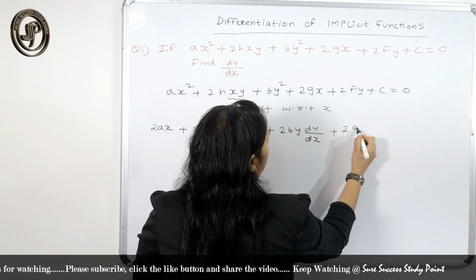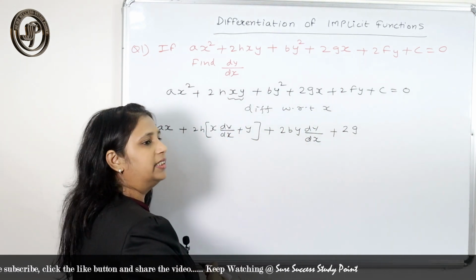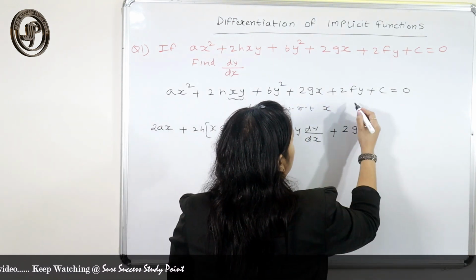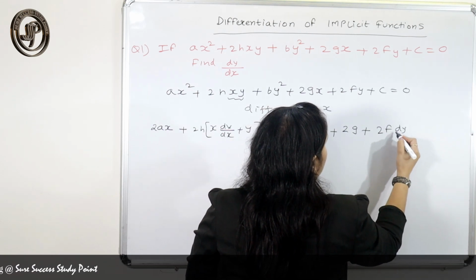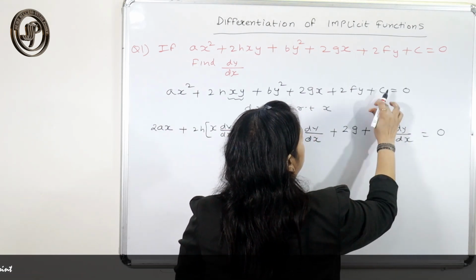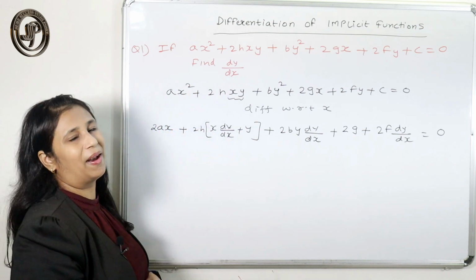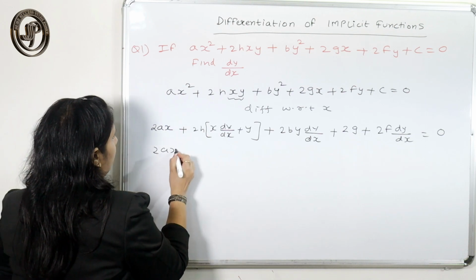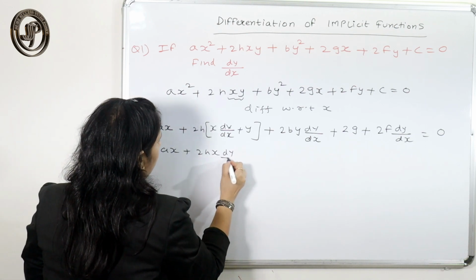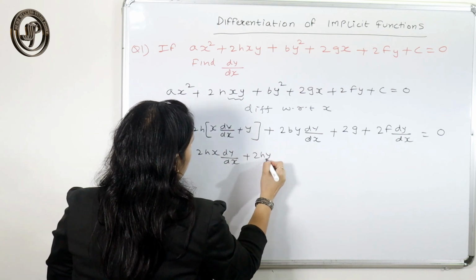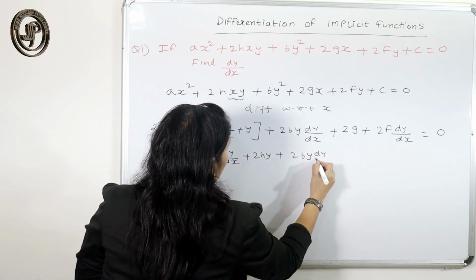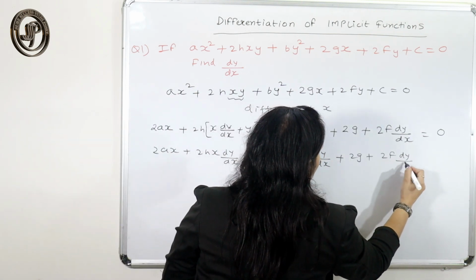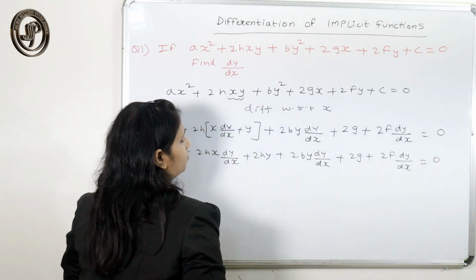Plus 2gx will be 2g only, because the differentiation of x with respect to x is 1. Plus 2f dy by dx is equal to 0, because c is a constant independent of x and y, so its derivative is 0. Now you just have to separate: 2ax plus 2h x dy by dx plus 2hy plus 2by dy by dx plus 2g plus 2f dy by dx is equal to 0.